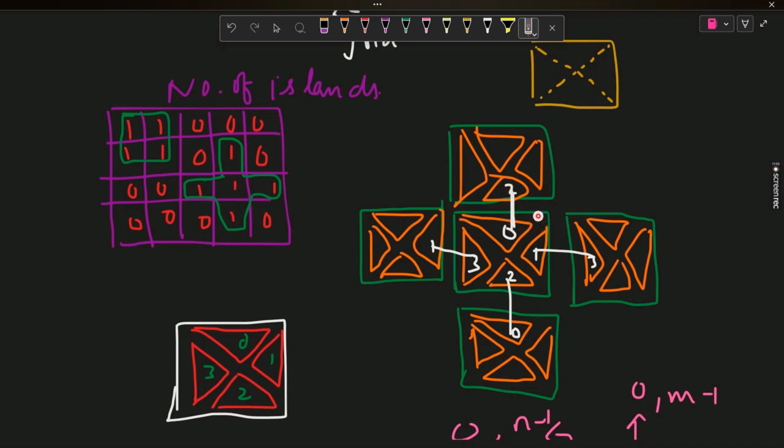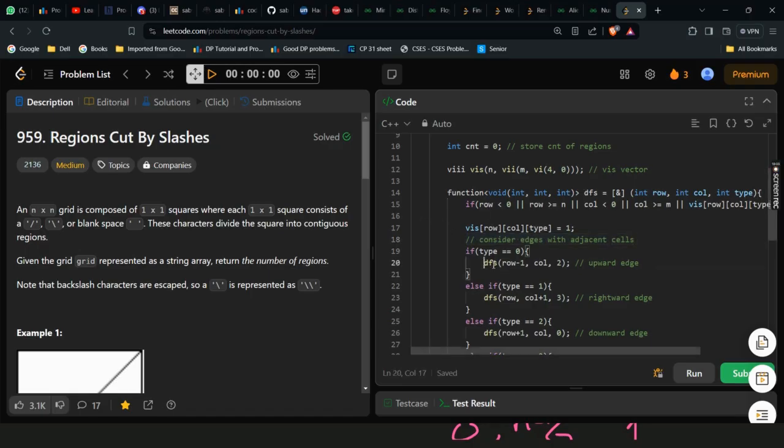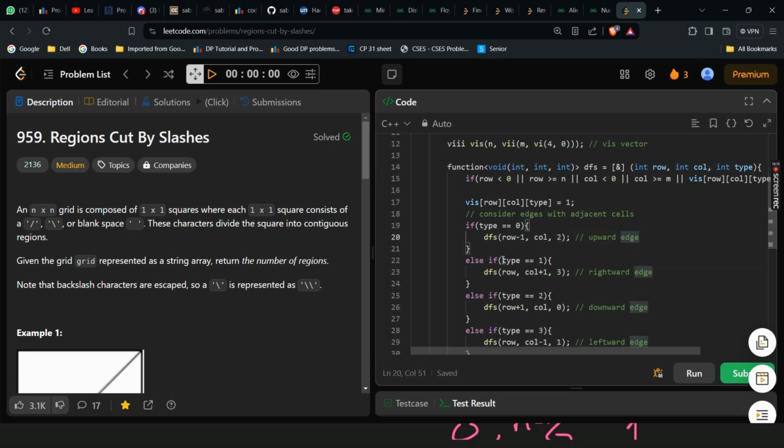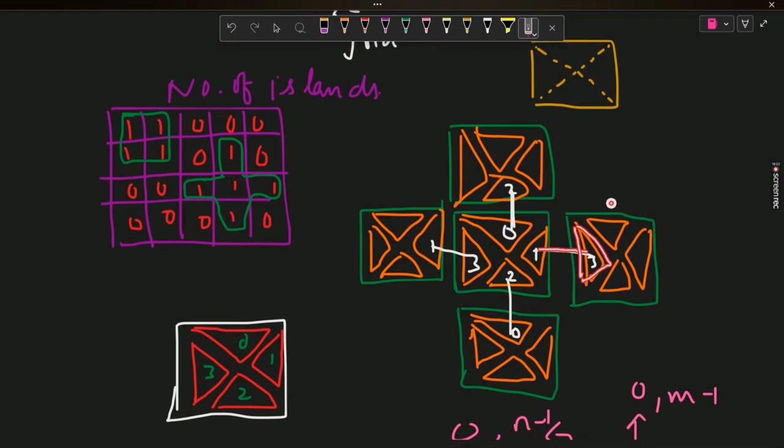So I am going from particular row, column, type 0 to row minus 1, because I am going upwards, column is the same, and type is changed from 0 to 2. Basically I am considering an upward edge, right? Else if the type of a triangle was 1, I am considering this edge with triangle 3 of the right cell.